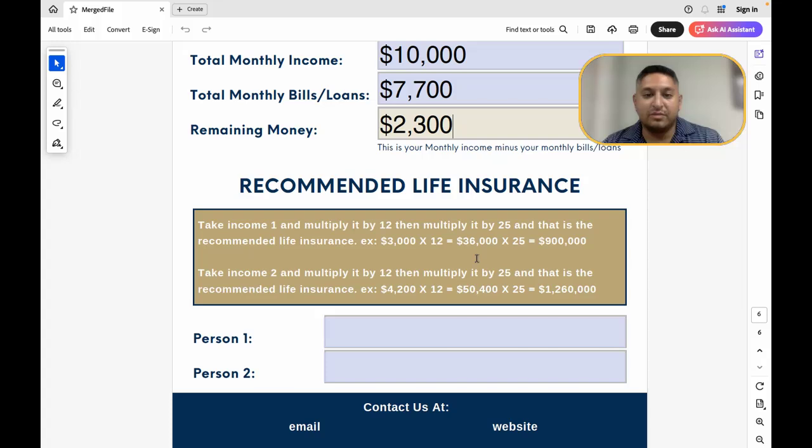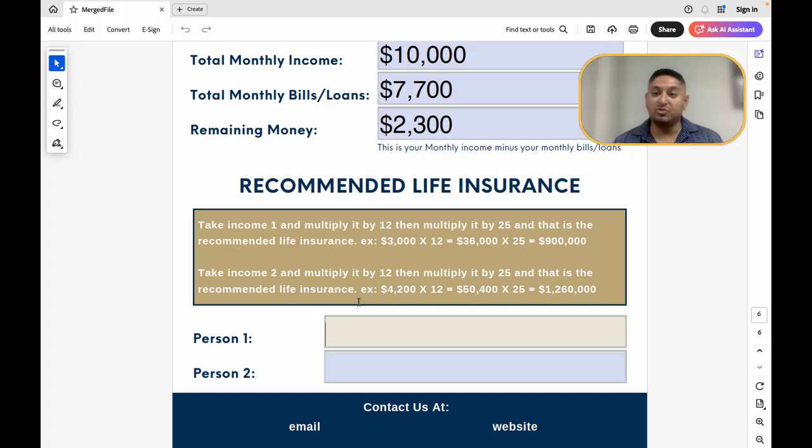Now we come down to how much life insurance, right? So what we'll do is just go through this example here, as you can see. So that the both of them, it was 5,000. So you multiply that times 12, right?